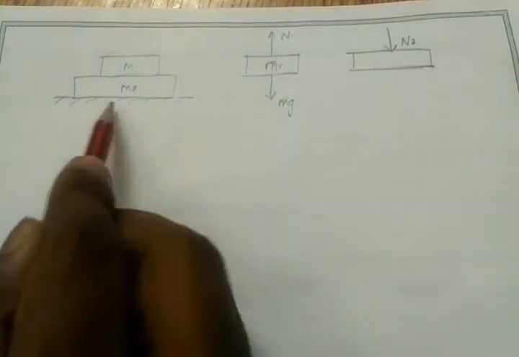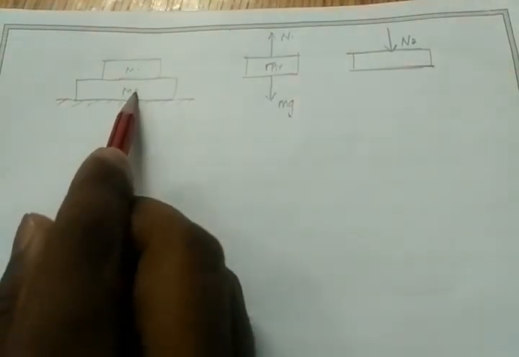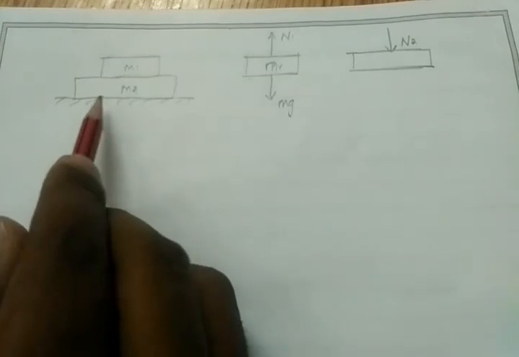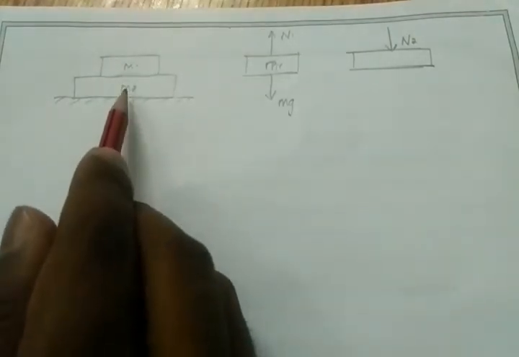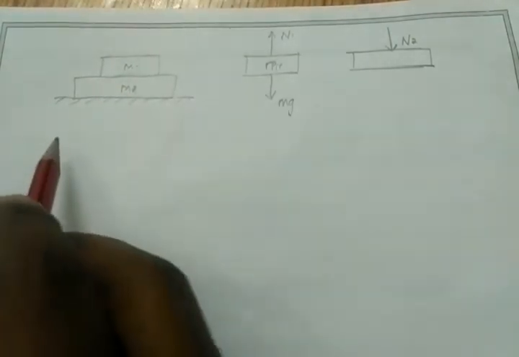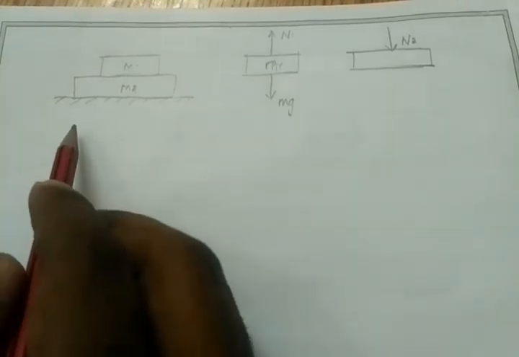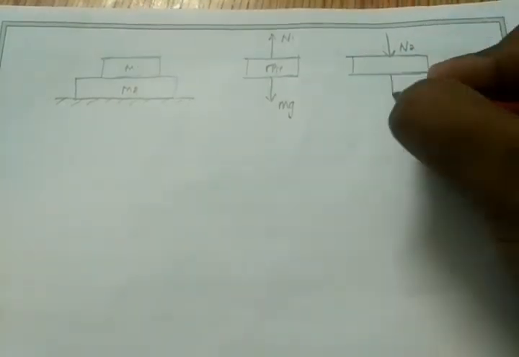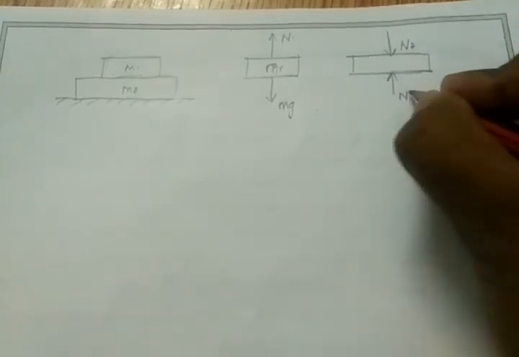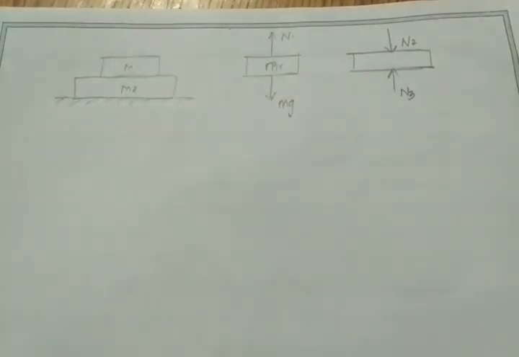Right? Here we have the floor, the mass M2 contacts with the floor. So whenever there is a contact, we have a normal force. So this floor compresses the object M2. So we have another normal force like here, the normal force provided by the floor on the object.